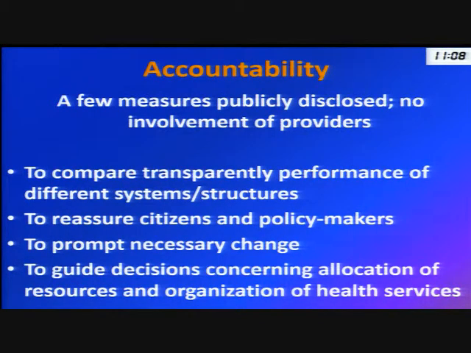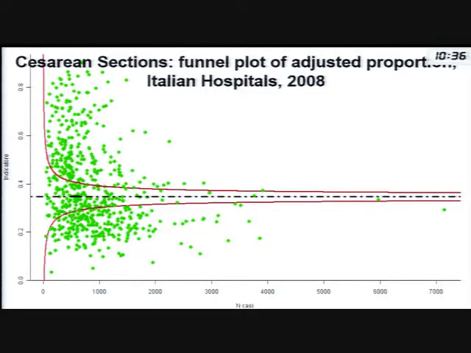And the aim is to reassure citizens and policymakers that services have an acceptable or a good level of performance. And also another goal is to promote change if necessary, and to guide decisions regarding allocation of resources and organization of health services, which is evidence-based, which means based on facts, not based on opinions or impressions.